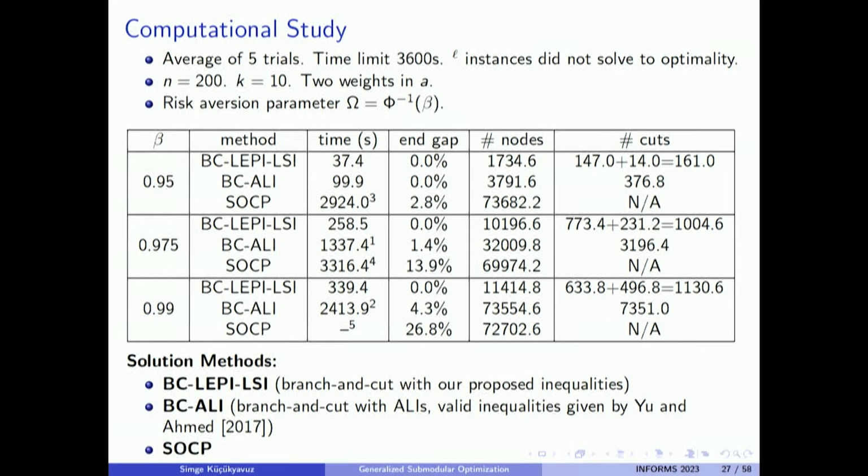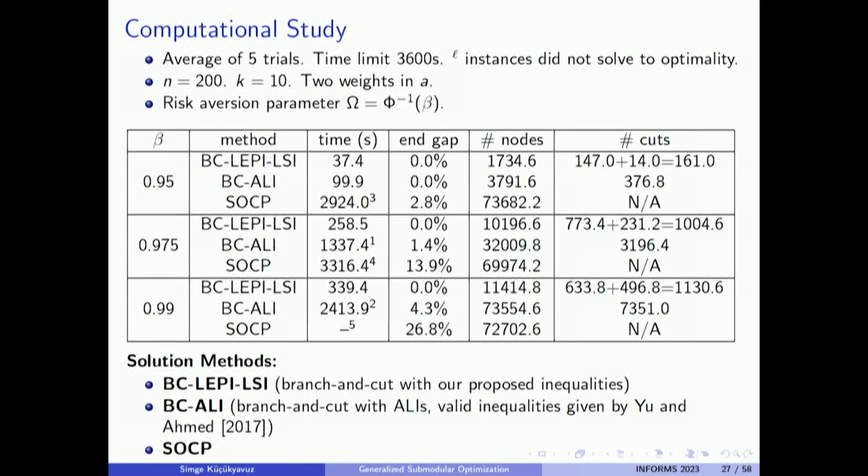So as you can see, for all these instances, and we have a lot more instances in the accompanying paper, I have only the summary here, but for these instances, for example, the original formulation that does not exploit submodularity, that's SOCP. For the easier instances, lower beta, it's fine. It solves within the time limit most of the time, except 3 of the 5 instances hit the time limit.